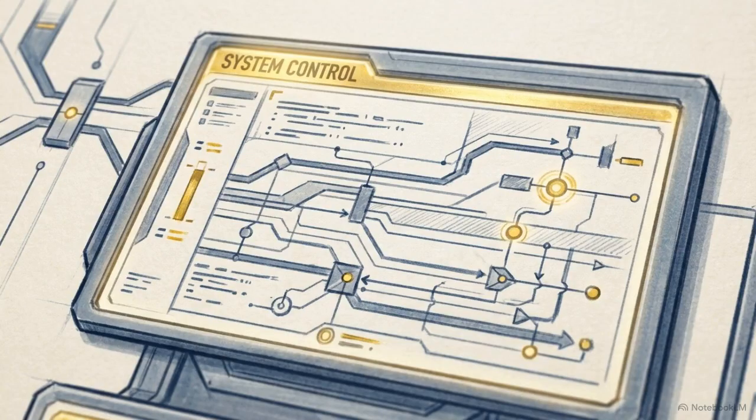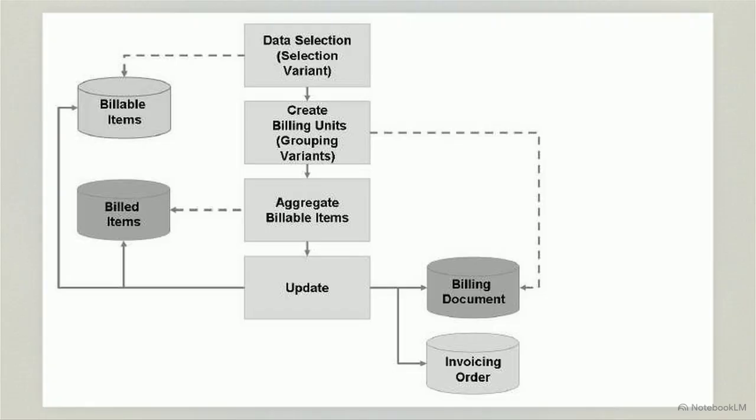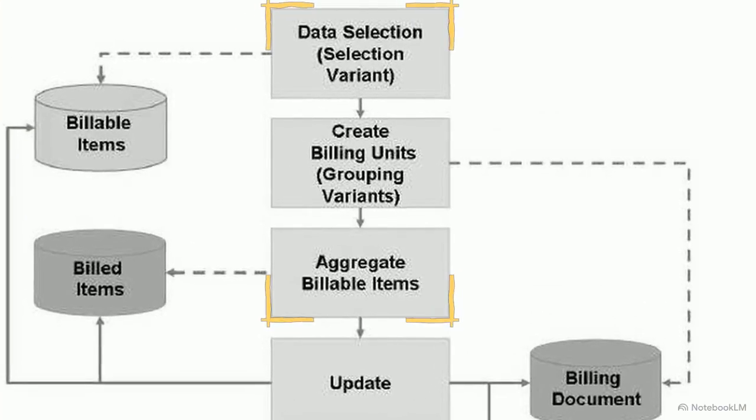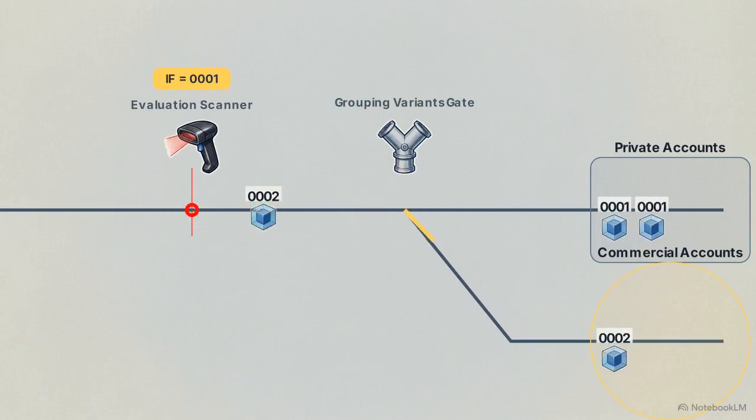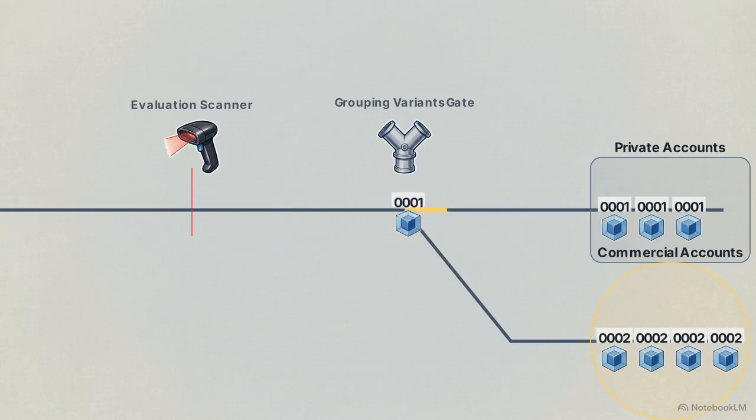We can trace these instructions forward to the first step of mass processing, the billing process. This flow diagram details the core steps of billing: data selection, the creation of billing units through grouping variants, and finally, aggregation. The invoicing category acts as an extended control mechanism, specifically at the grouping variant gate. As the processor ingests the inherited data, it evaluates the category value, checking if it is 0001 or 0002, and automatically assigns a different grouping variant based on that specific input.